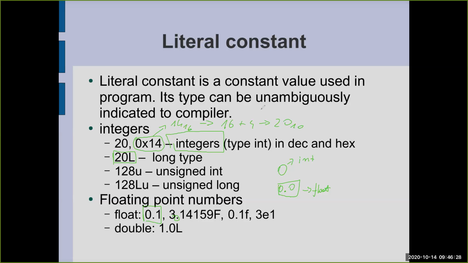So it's 1 times 16 to the power 1 plus 4 times 16 to the power 0, converting from hexadecimal to decimal. So it's 20. So 0x denotes the hexadecimal form. It is quite often used in programs.